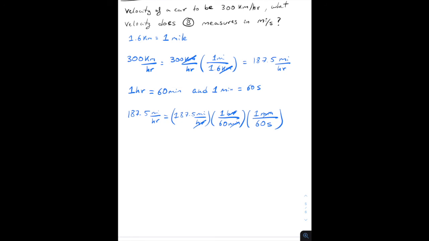Doing this in the calculator is just 187.5 multiplied by 1 over 60 and multiplied by 1 over 60, which gives you 0.052 miles per second.